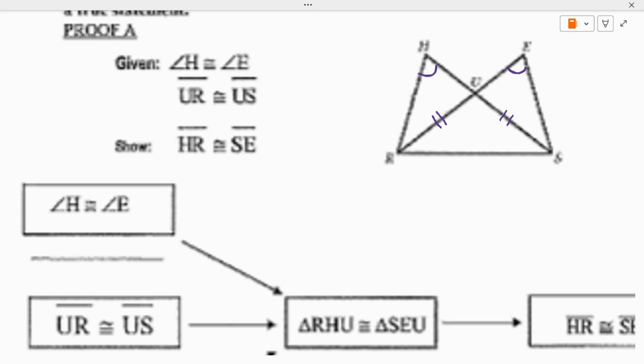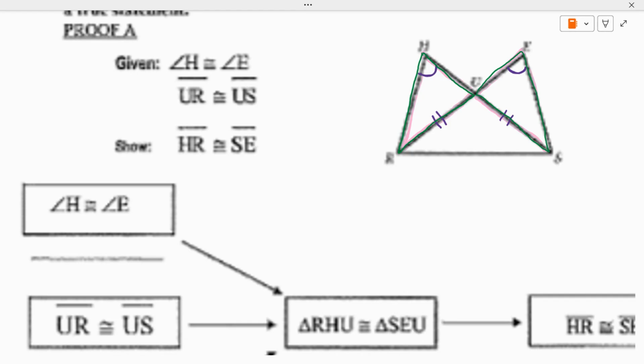So really, we have two pieces of information about these two triangles, the ones that kind of look like a bow tie. Do you see how these two triangles make a bow tie shape? Yes or no? Okay. So here's our little bow tie shape. I know that it's got a congruent angle and it's got a congruent side.